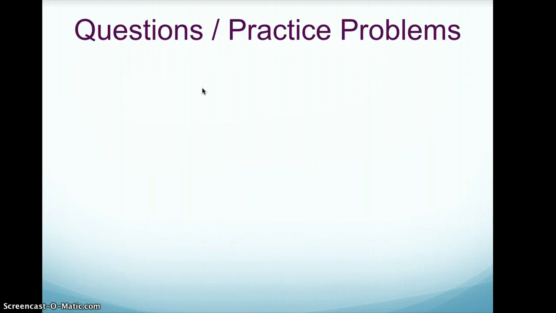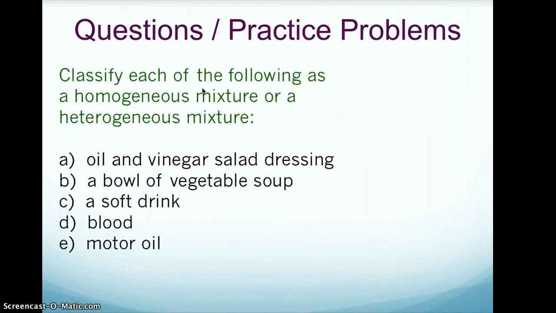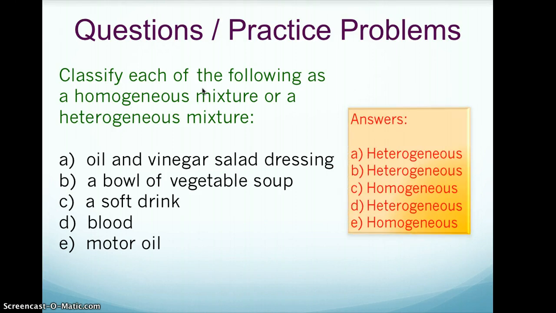Okay, so here are some questions and practice problems for you. Classify each of the following as a homogeneous mixture or a heterogeneous mixture. So pause the video and you can do that. Okay, so here are your answers. Hopefully you did well with that.